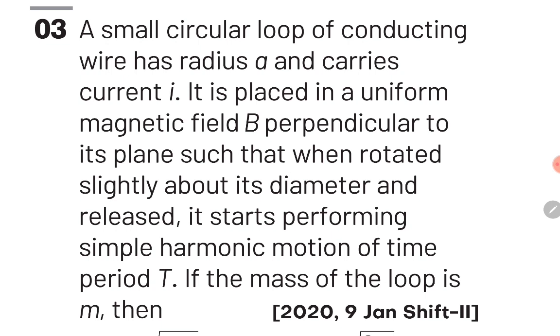Magnetic dipole moment for a circular loop is given by the formula NIA, where N is number of turns, I is current, and A is area of loop. So in summary, we have to use two formulas: time period is equal to 2 pi under root of I upon mB, and magnetic moment m is equal to NIA. So let's observe this in the solution in the next slide.